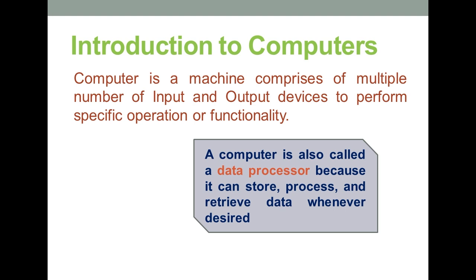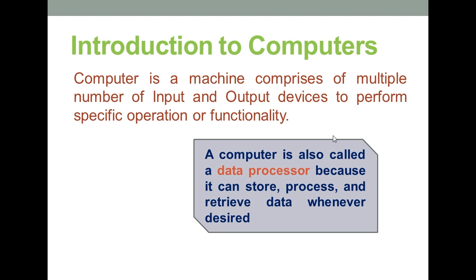Then with the help of the processing unit, the data will be processed, and then the output will be displayed on the monitor, and you can save that output if you want. It can be saved into a secondary storage device, and whenever you want to retrieve that output, you can retrieve it. Just like that, it can be applied to other data also.